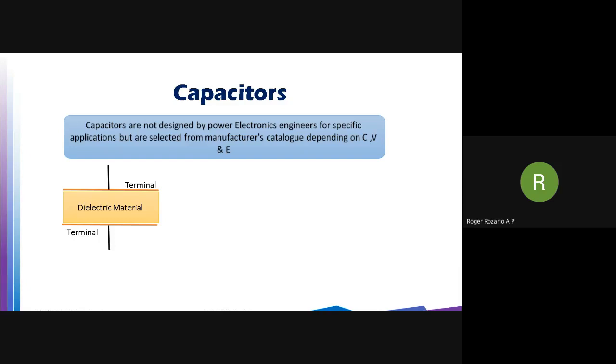There will be charges at the top terminal and at the bottom terminal. If both the charges are same, it is called a unipolar capacitor. If both are different, it is called a bipolar capacitor.